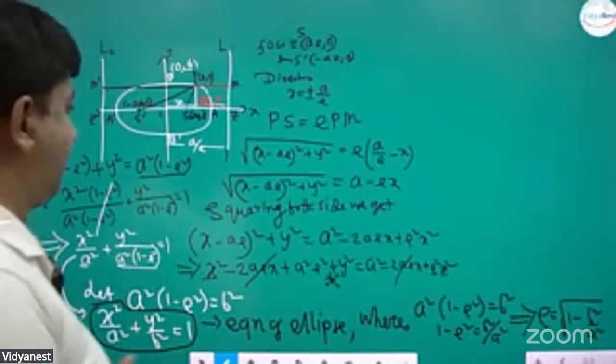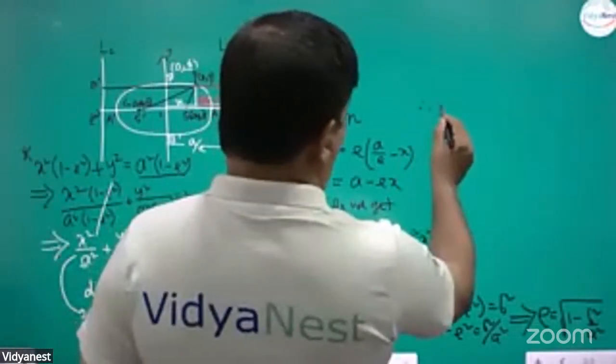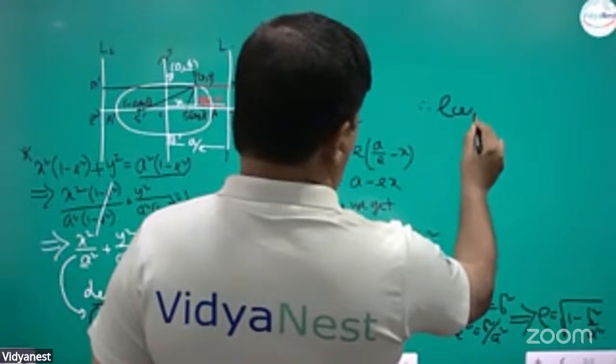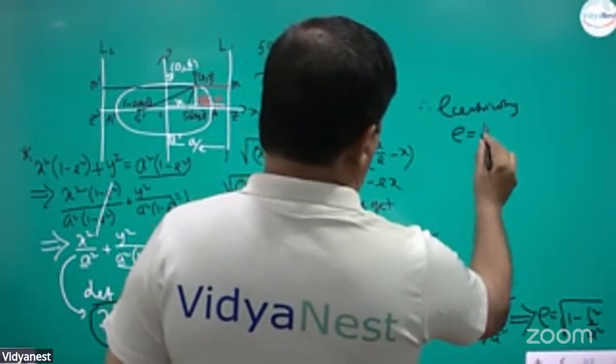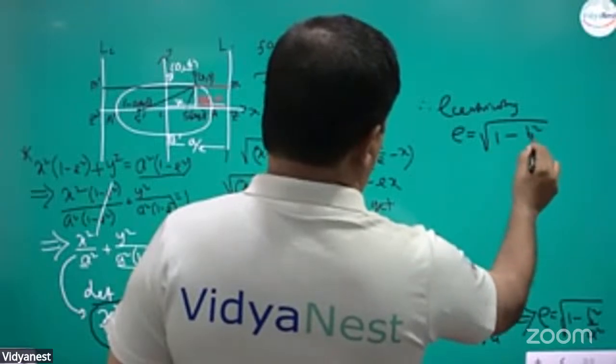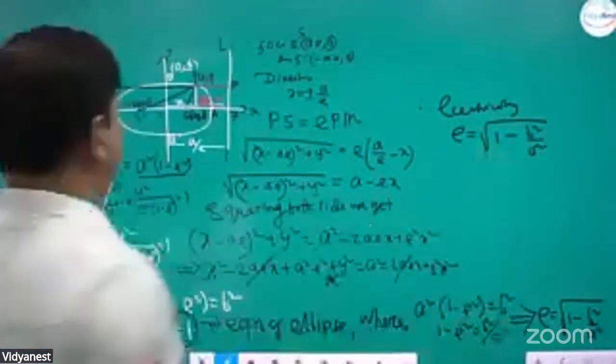So we have got, therefore, eccentricity e equals root of 1 minus b square by a square.